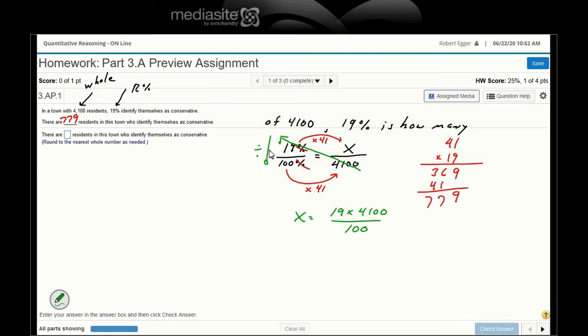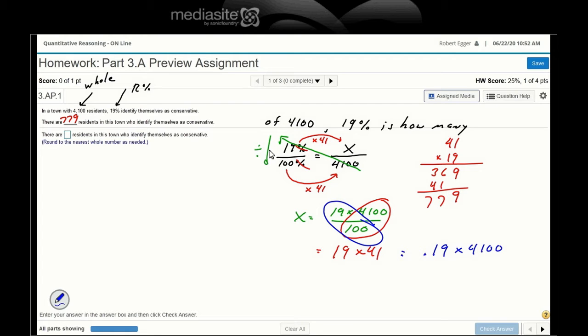And looking at the relationship here, oh gee, what do we have? What's 4,100 divided by 100? Hey, that's 19 times 41. Or 0.19 times 4,100.